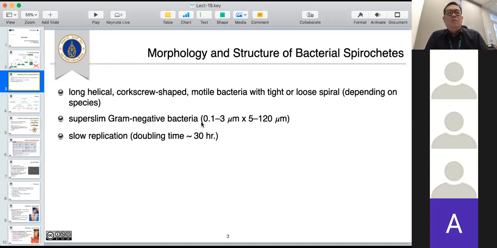They are all motile. Some spirochetes are tightly coiled and some loosely. The coil is not rigid and can move loosely, something like a spring. And most of them are slow growing, even super slow growing. Okay, those are the major characteristics of spirochetes.